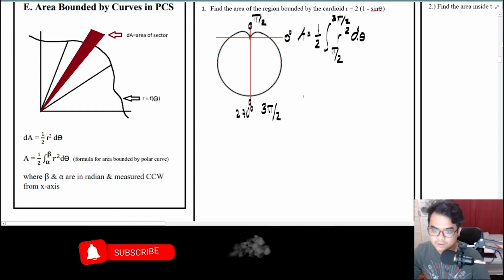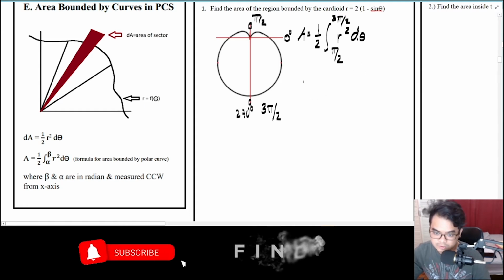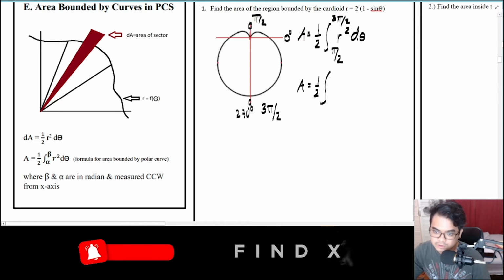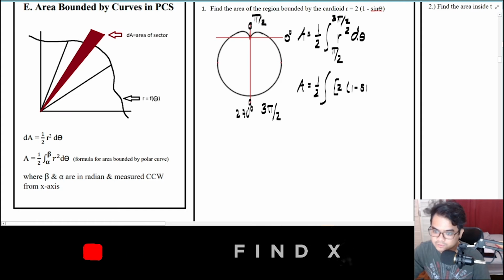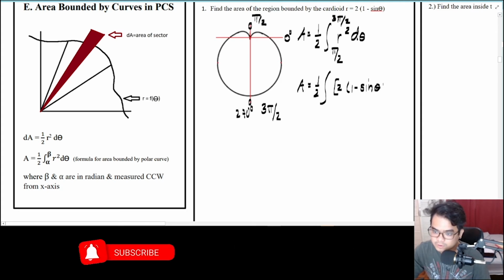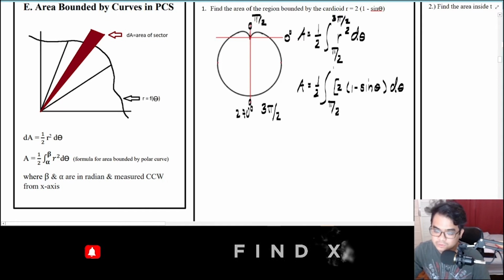Getting the integral, A is equal to 1/2 integral of your r squared. Your r will be 2 times 1 minus sine theta, d theta, and your limits will be pi over 2 to 3 pi over 2.